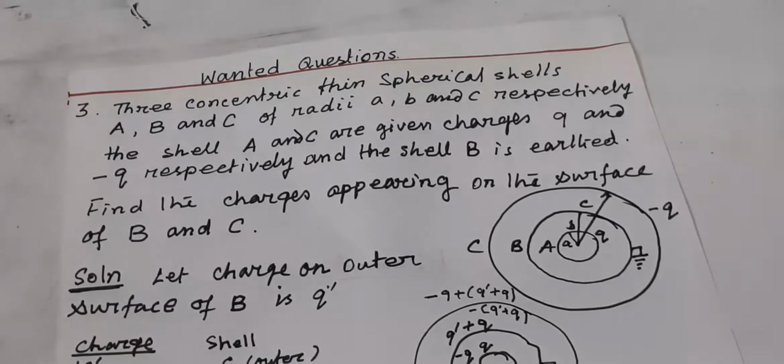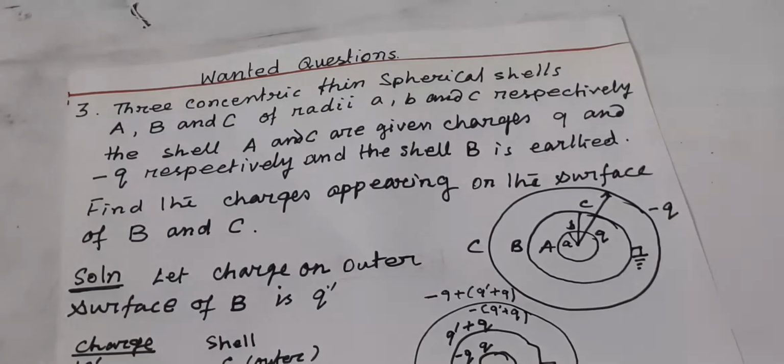Now, let us take the outer charge as it is understood that the initial charge is q, then it will be minus q, then it will be q dash plus q, and then the whole divided within the bracket. Minus will be induced here, then everything will be plus there. That means summing the total charge, we have to look for how much charge is involved here. Now the charge distribution is understood.